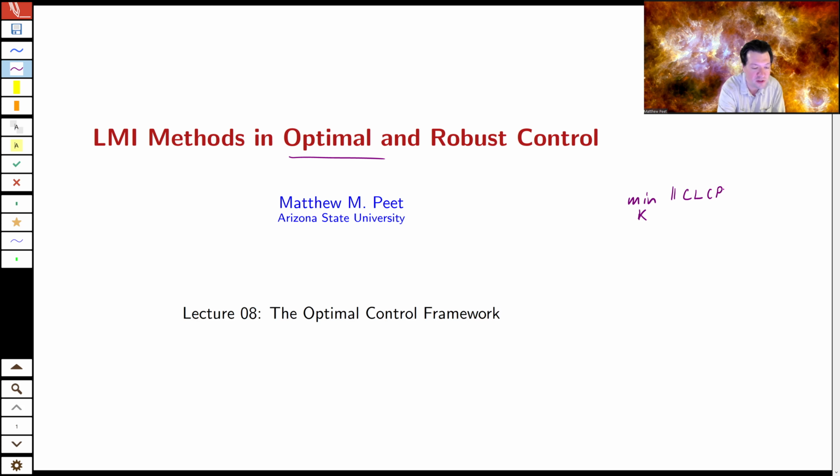So it's a function of our plant, which we can't control, it's given, and our controller, which we have some flexibility to choose. Our system norm can be either the H infinity norm or the H2 norm. The H infinity norm, if you recall, is a norm on the transfer function of the system.